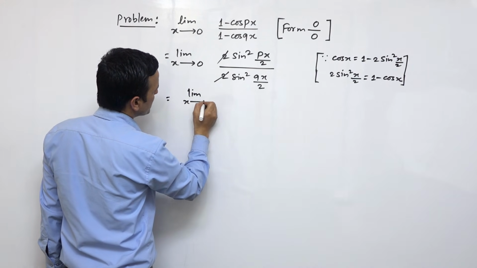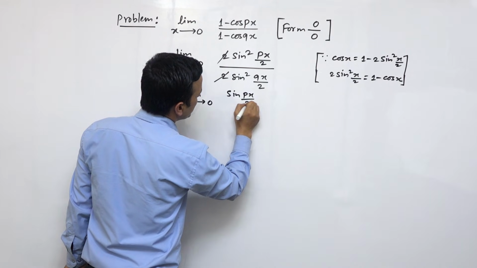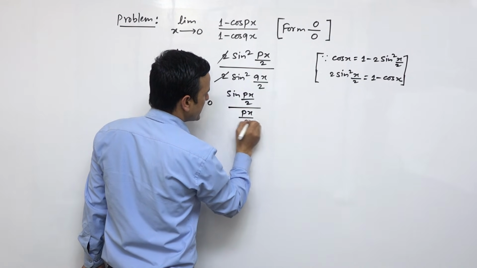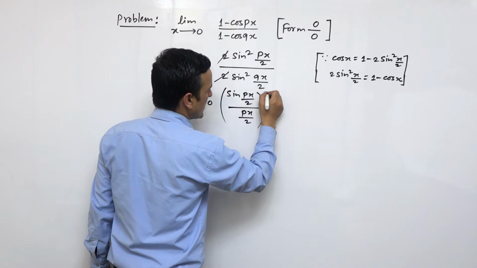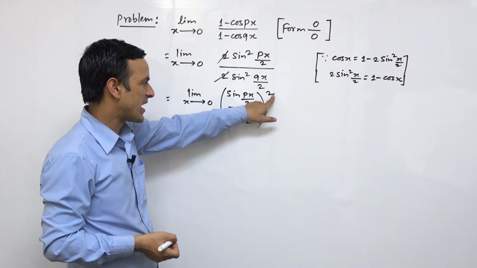Limit x tends to 0 sin px divided by 2 divided by px divided by 2. So this is the formula, whole square. Here is whole square, so put square over here.